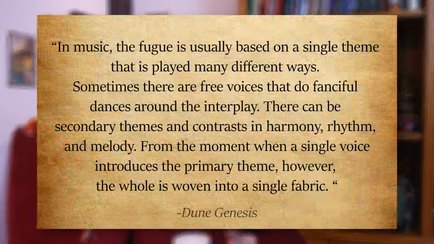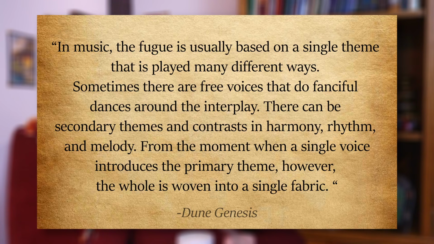If our story really is a plastic memory, if we are destined to have it constantly snap back into the same ancient shapes, then maybe the answer is in bending it, in twisting it so hideously that it snaps apart entirely. Herbert describes seeing Dune as a fugue. In music, a fugue is usually based on a single theme that is played many different ways.